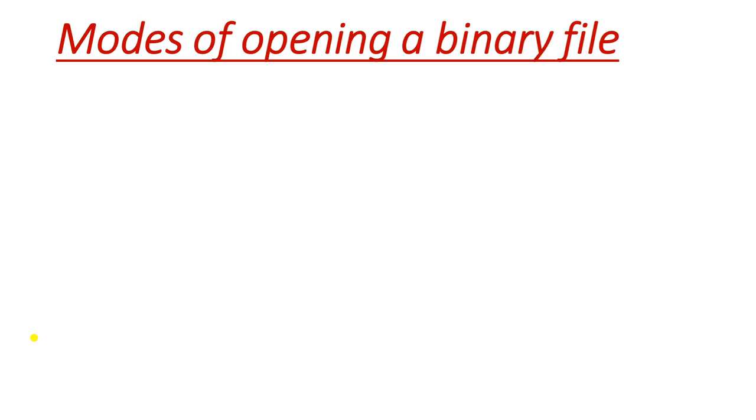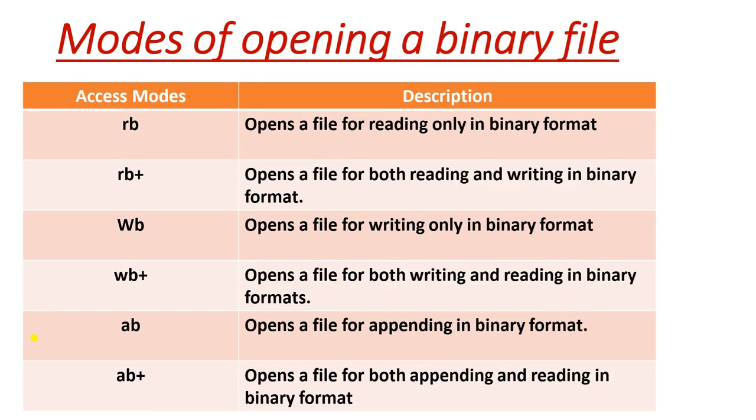Next is modes of opening a binary file. These are the access modes that we use in a binary file. We know the modes of a text file, so here are the modes of a binary file. First is rb, the read only binary file. Next is rb+, it opens a file for both reading and writing in binary format.